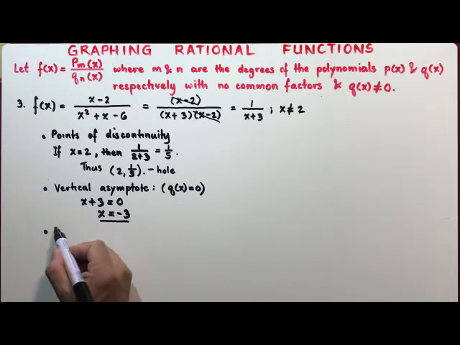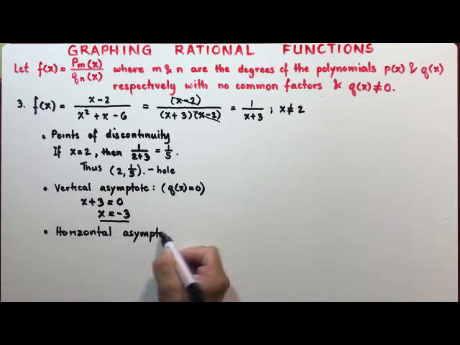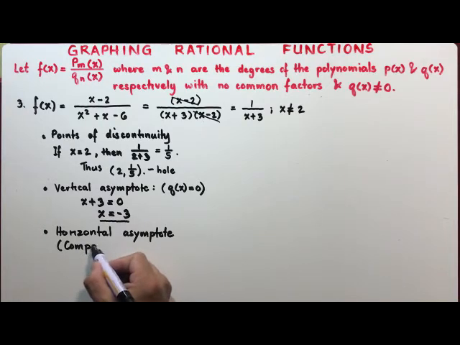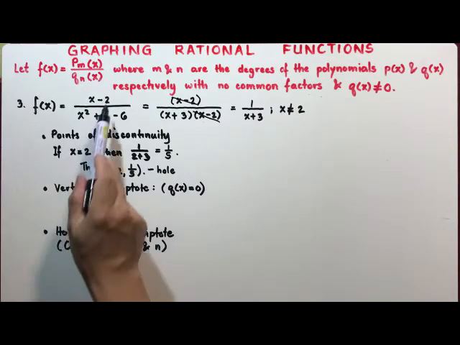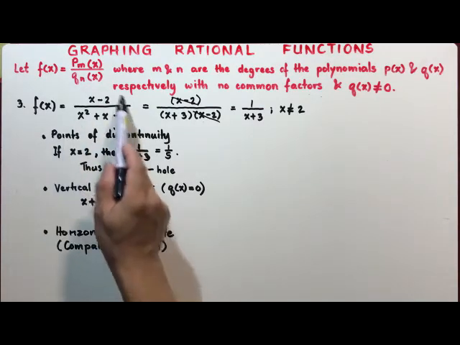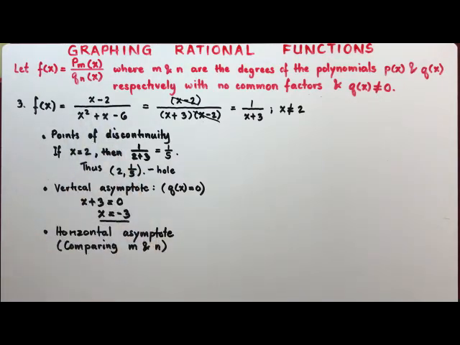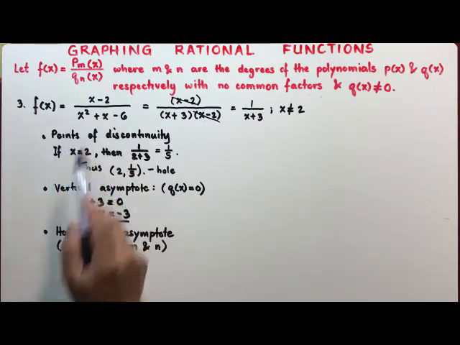Next is to find the horizontal asymptote. To find the horizontal asymptote, we just compare the degrees of the numerator and the denominator. Looking at this rational function, the degree of the polynomial in the numerator is 1, and the degree of the polynomial in the denominator is 2.